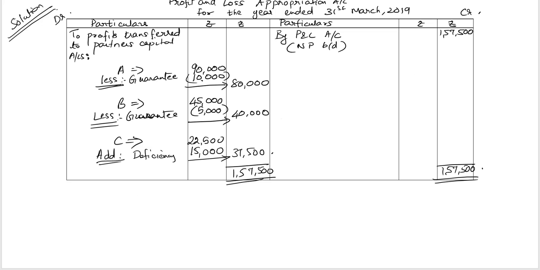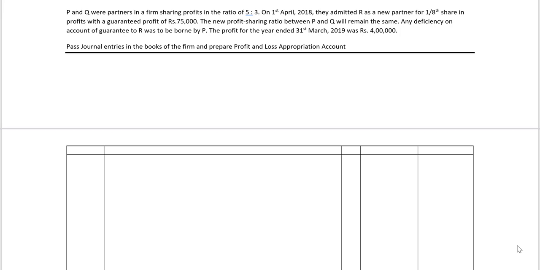This is the profit and loss appropriation account that is prepared by us. Example 2. P and Q were partners in a firm sharing profits in the ratio of 5:3. On 1st April 2018, they admitted R as a new partner for 1/8 share in the profits with a guaranteed profit of rupees 75,000.